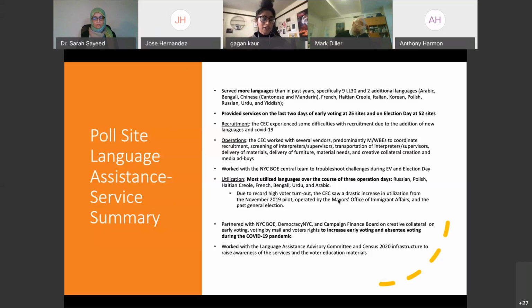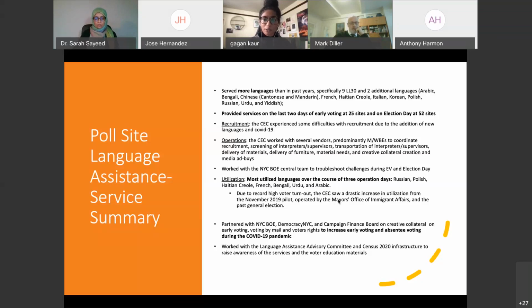In our debrief, we've been working with DoITT, who is our home agency, to better streamline those vendors, and also to identify alternative ways to work with the city or other vendors that may be out there. So that's one piece that we were working through.